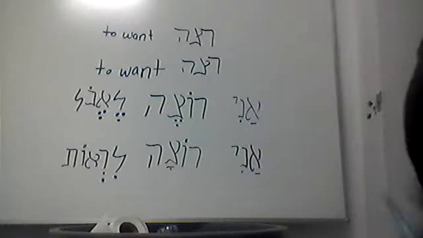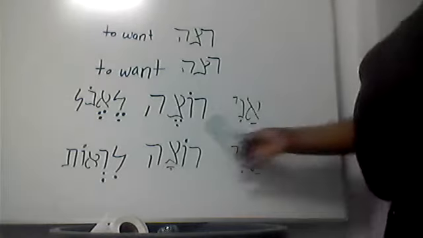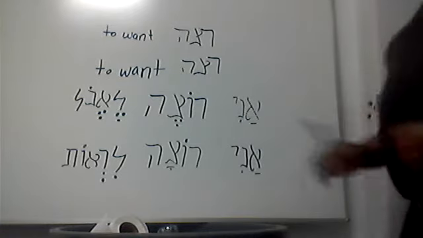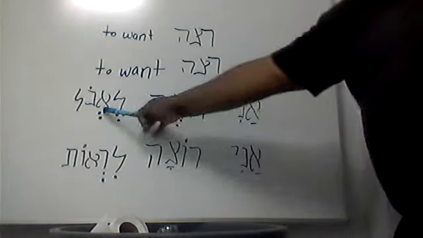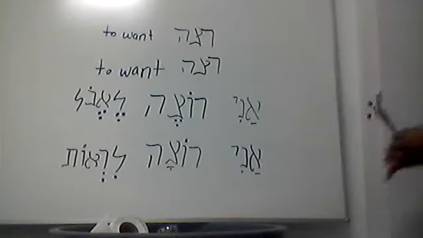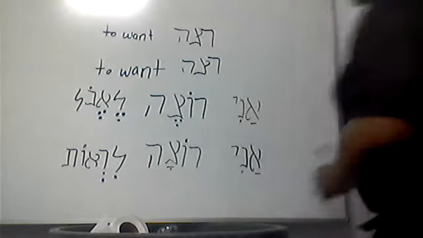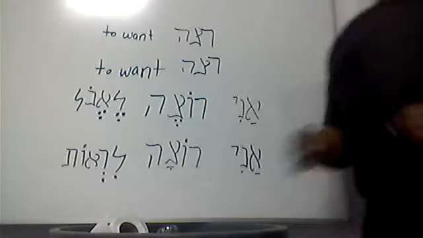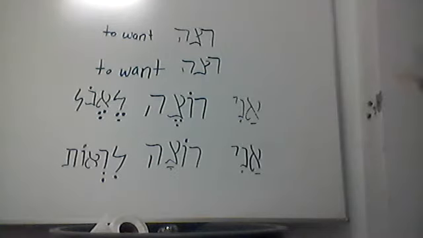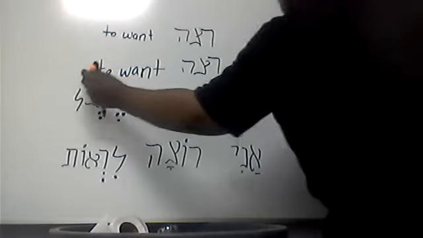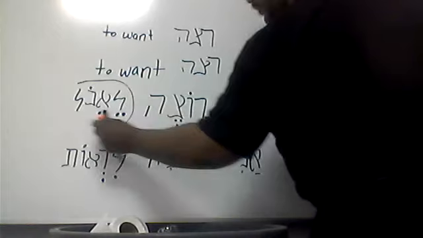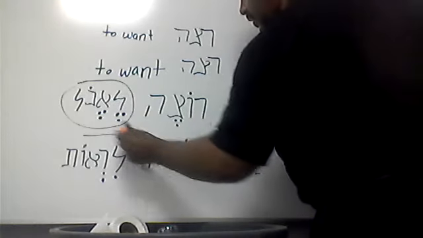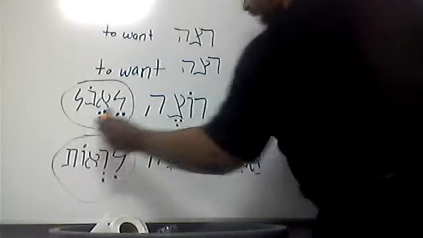All right, let's see right here. Ani rotze, I want, le'ekol. Ani rotza, lir'ot. Now, brothers and sisters, let's look at this right here. Circle this and circle this and explain what we just did.